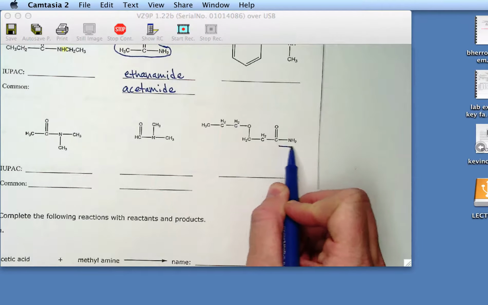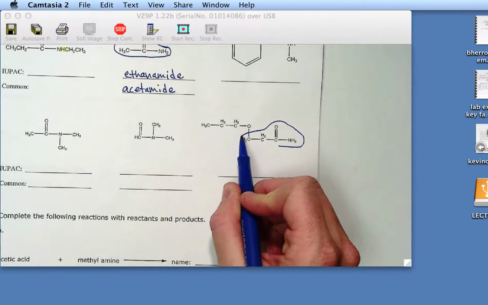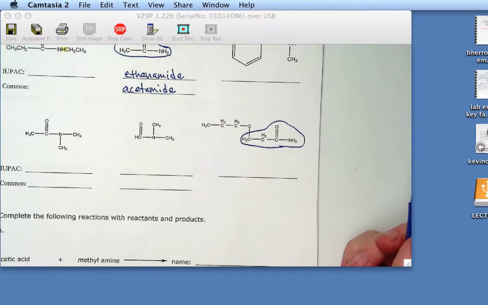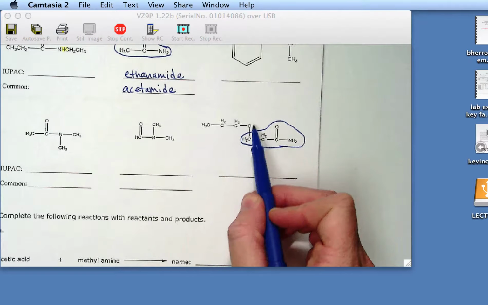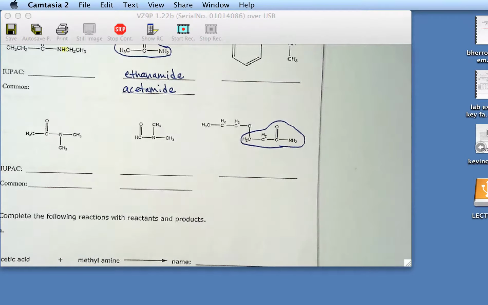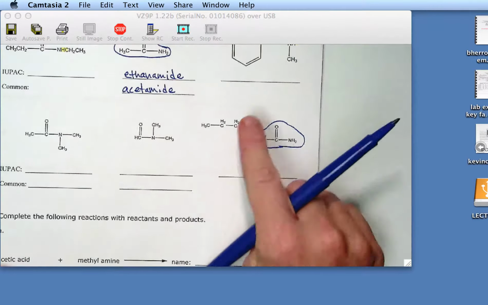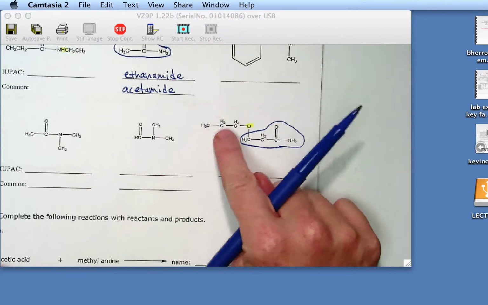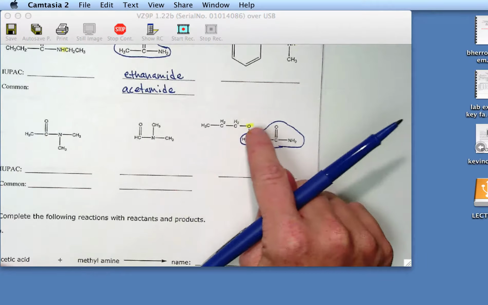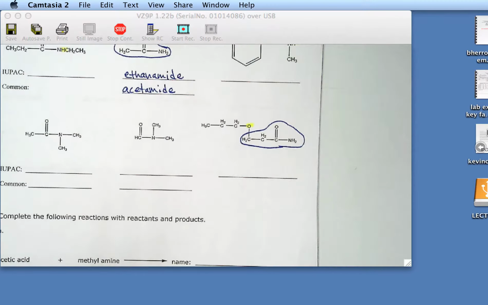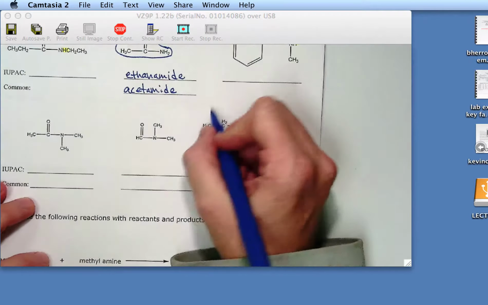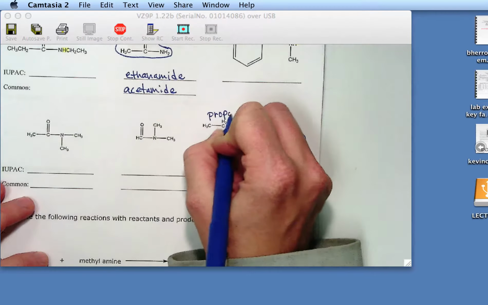Okay, so that's your amide. Oh, because of the O. Yeah, this is an O right here. So if there wasn't this O here, it would be 1, 2, 3, propyl. But there's an O here, so that makes it propoxy.